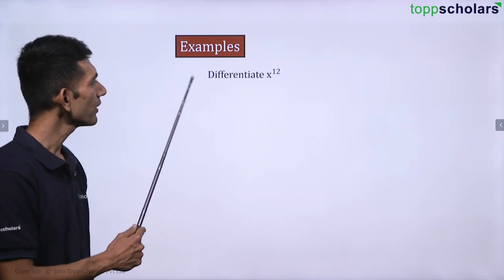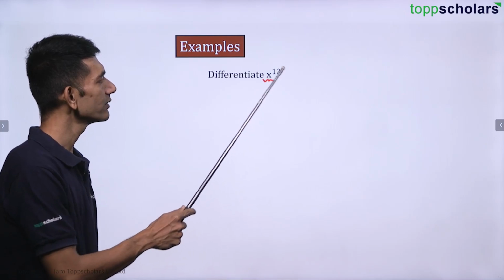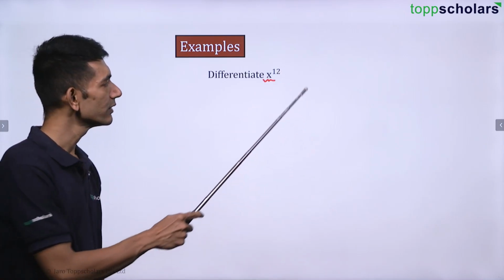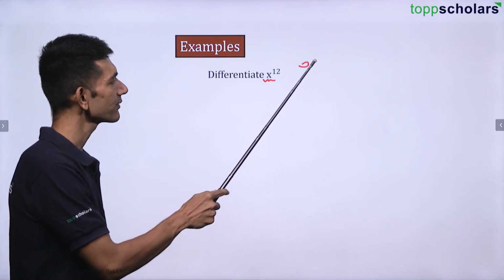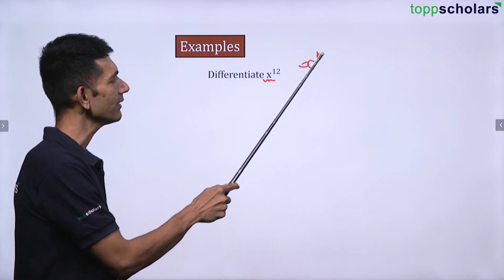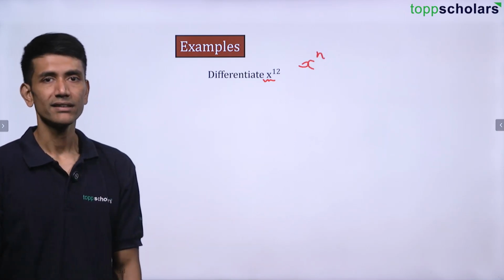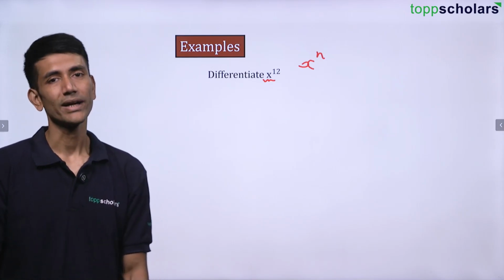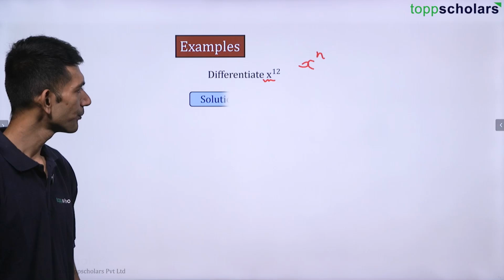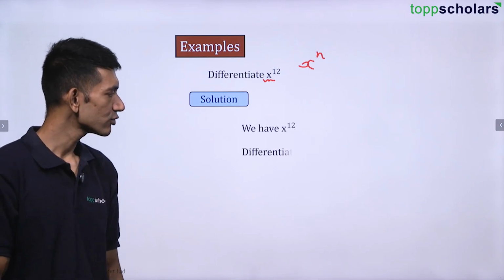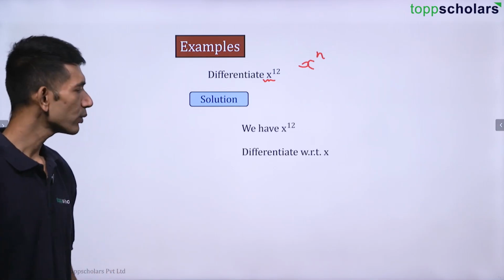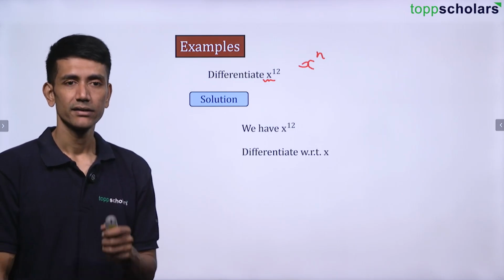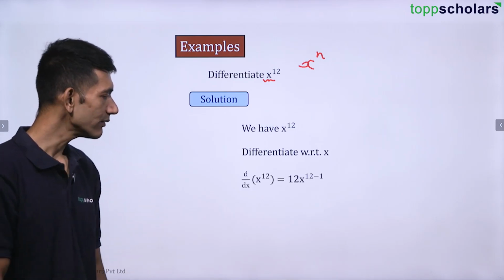Okay. Now differentiate x raised to 12. So can I say this is like your x raised to n, and we have already seen the formula for x raised to n. X raised to n is nothing but n x raised to n minus 1, right? So here also we have x raised to 12, differentiate with respect to x, that is d by dx of x raised to 12.